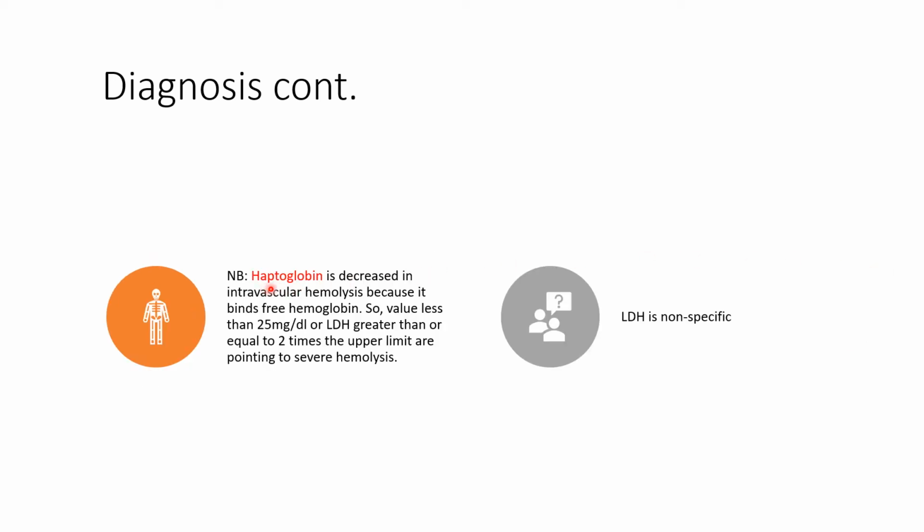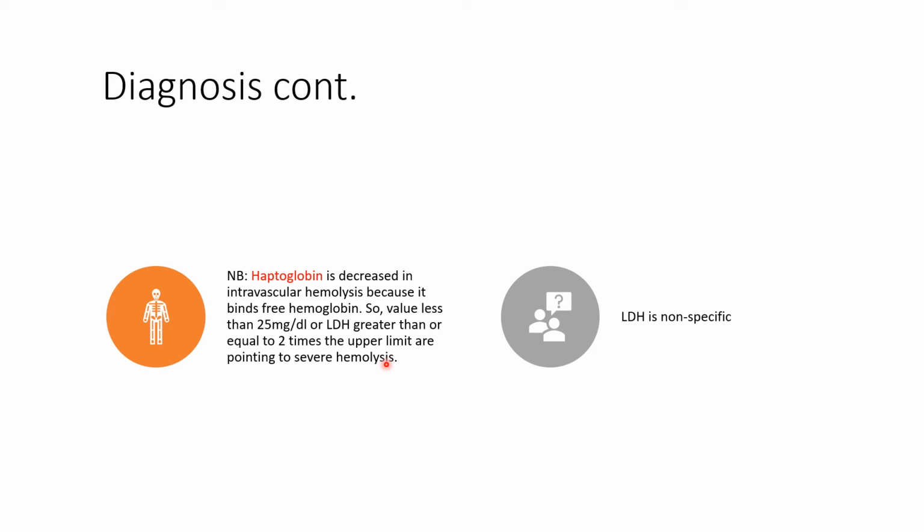Now on haptoglobin. Haptoglobin will be decreased in intravascular hemolysis, and with that, it binds free hemoglobin. So a value less than 25 mg per dl or LDH greater than or equal to 2 times the upper limit are pointing to severe hemolysis.